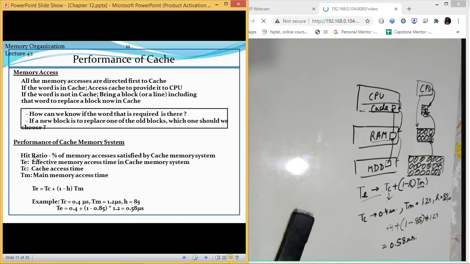What should be our motive? Our motive should be to reduce this time as much as possible while keeping the cost in bound, which means we are not supposed to increase the cost while trying to minimize this time. It should be a balance between cost and speed.